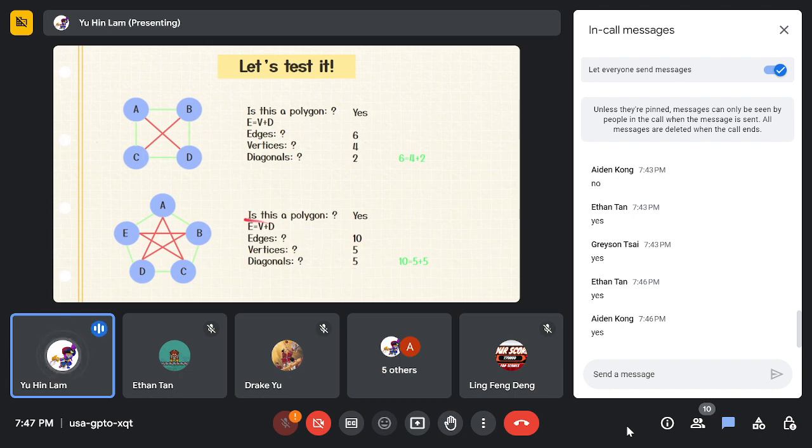And then we just plug into our equation. So if it is a connected graph, this equation should be true. Our edges should be equal to our vertices plus our diagonals. In this case, we have 10 is equal to 5 plus 5, which is 10 equals 10. So this is a connected graph.